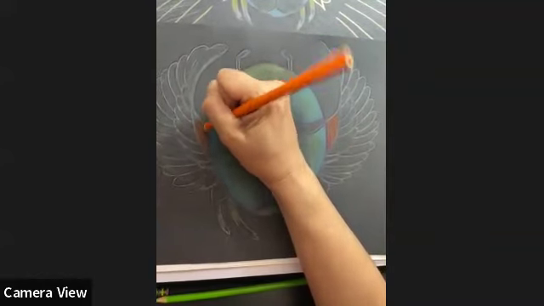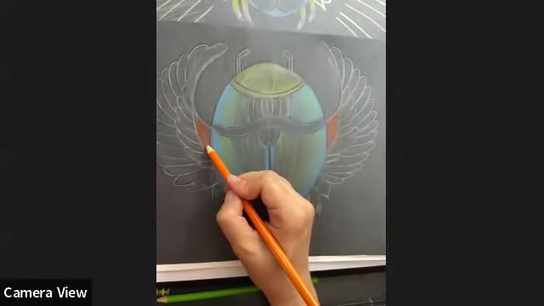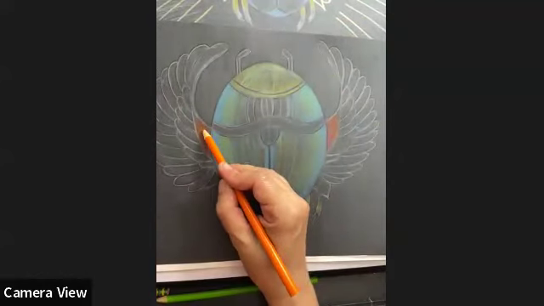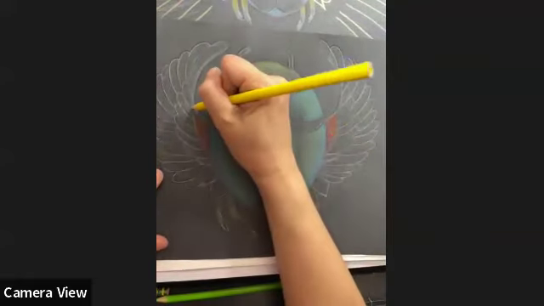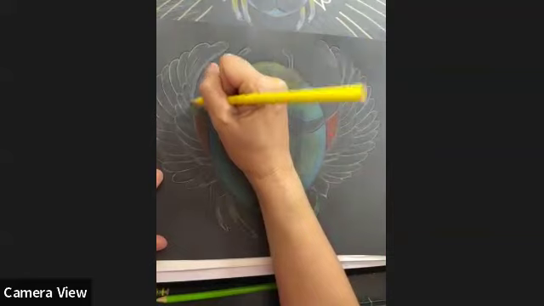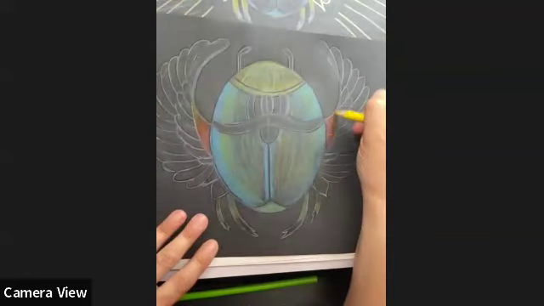So see what I did there? There's the red, and then there's the orange. And I might add some yellow in this little point. I added white the last time, and I think I'm gonna add yellow.